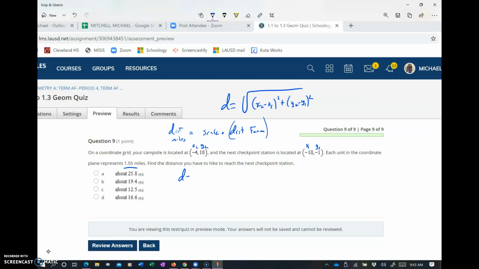So my first distance, I'm going to get square root x2 minus x1, negative 4 minus negative 10, squared, plus 10 minus negative 1, squared. Remember, minus the negatives plus a positive, your keep change change.